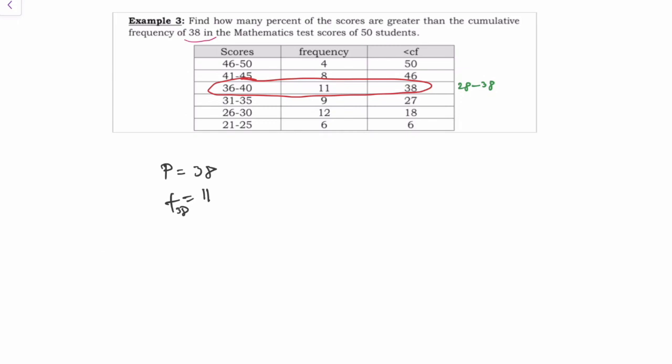And we also have the CFP. I've told you that we must use the cumulative frequency below the critical cumulative frequency, which is 38. Now we use the value below it, 27. So CFP is 27. We also need LB, or the lower boundary.